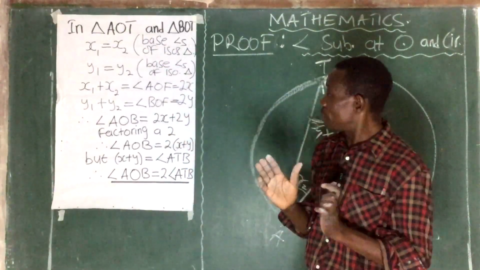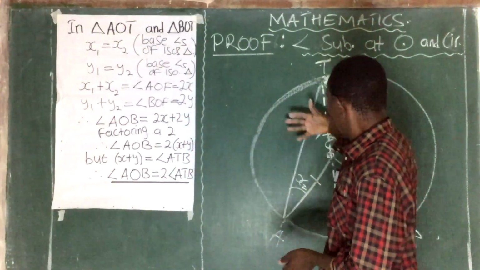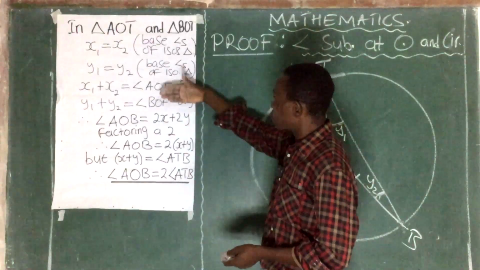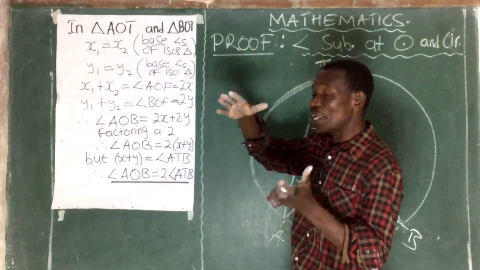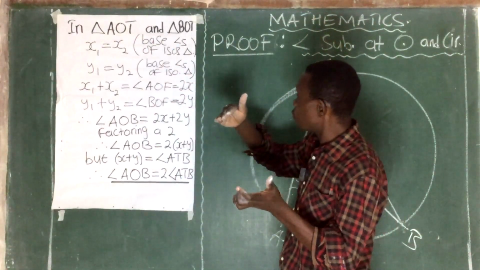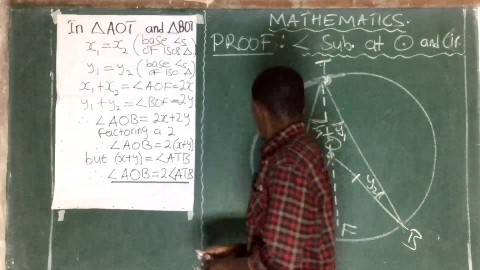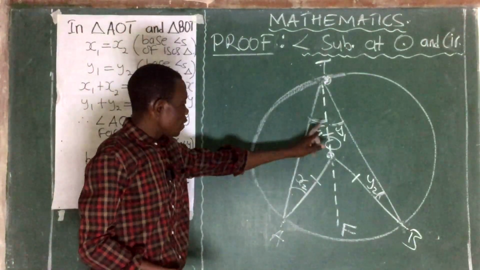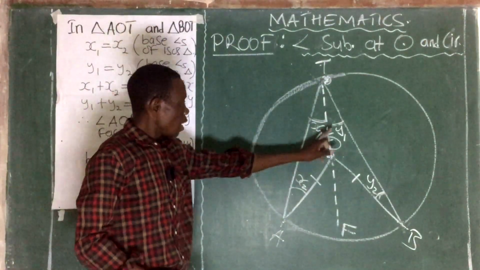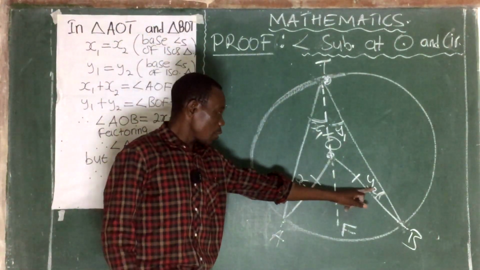So at the proof stage, you need to use the diagram you have here and try to explain with facts and also with reasons for whatever you mention. Right. So now, look at this. If this is equal to this, and that angle again is equal to that angle, so what?